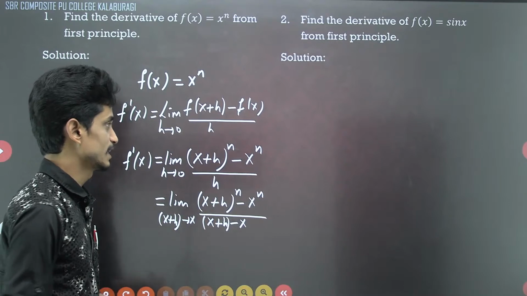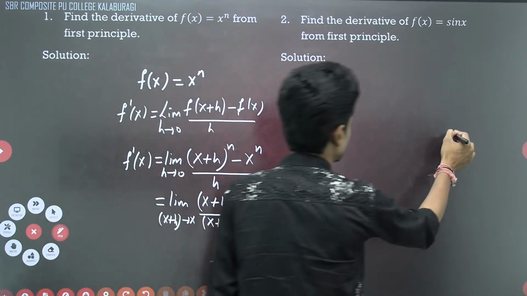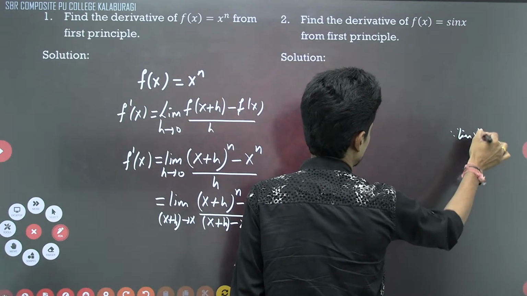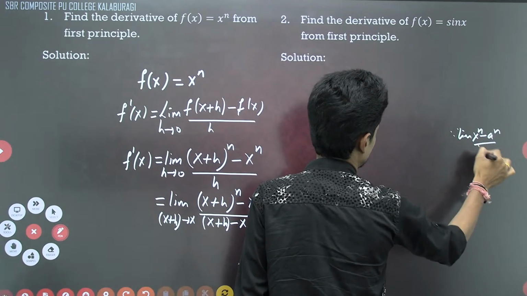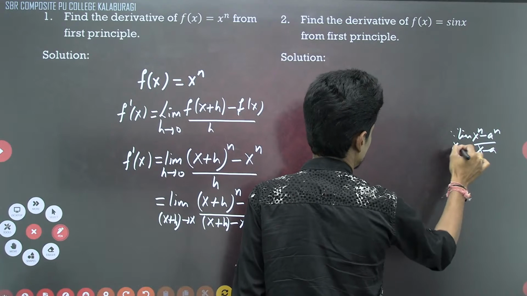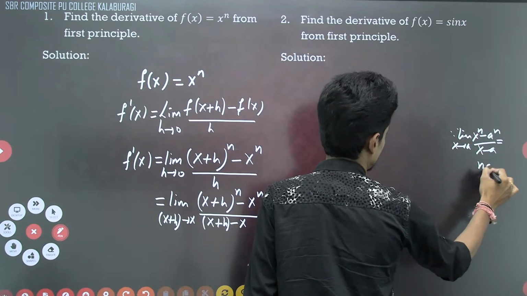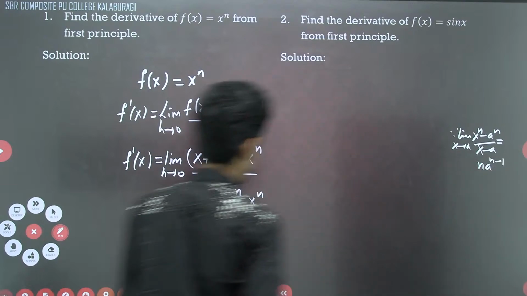Now it completely looks like one formula in limits. We learned that the limit of (x power n minus a power n) divided by (x minus a) as x tends to a is equal to n into a power n minus 1.